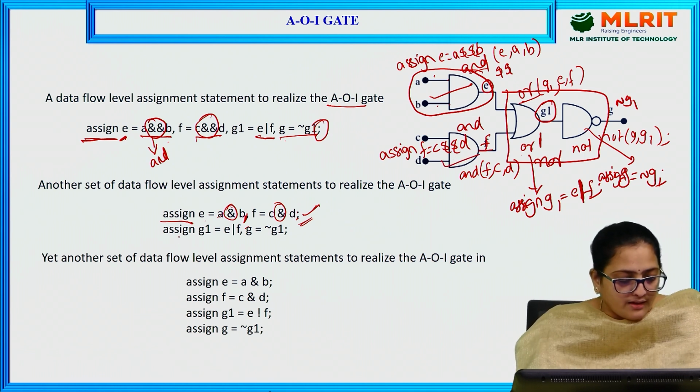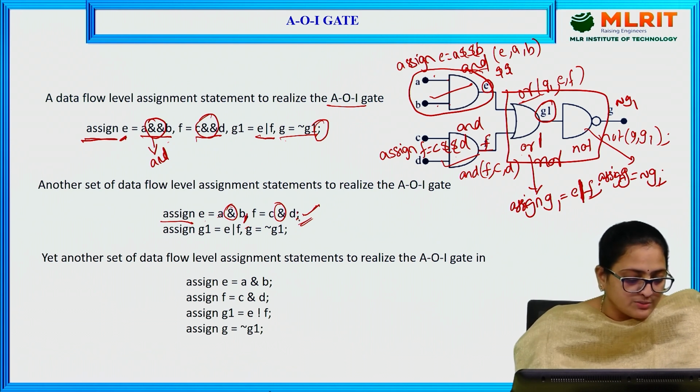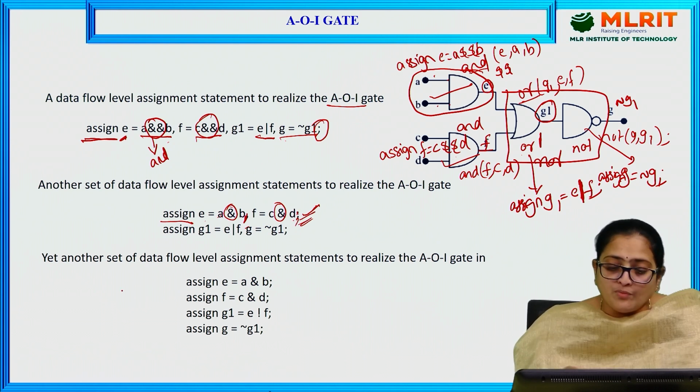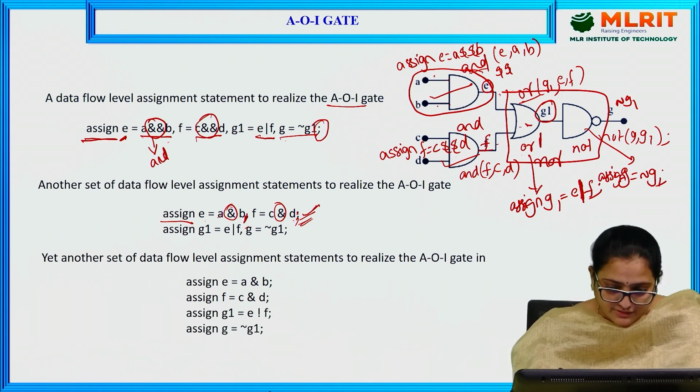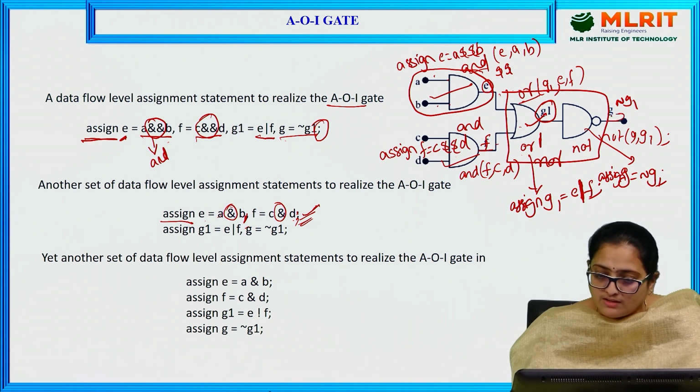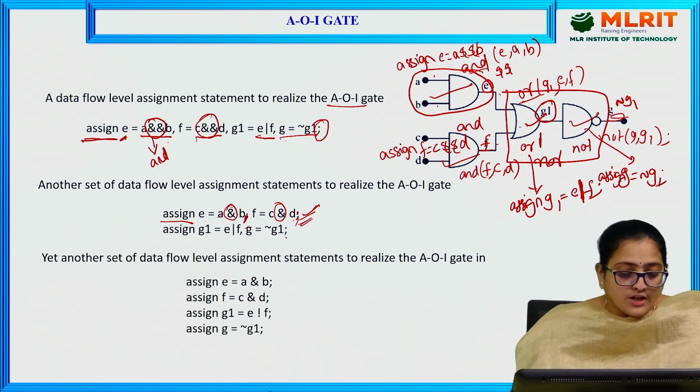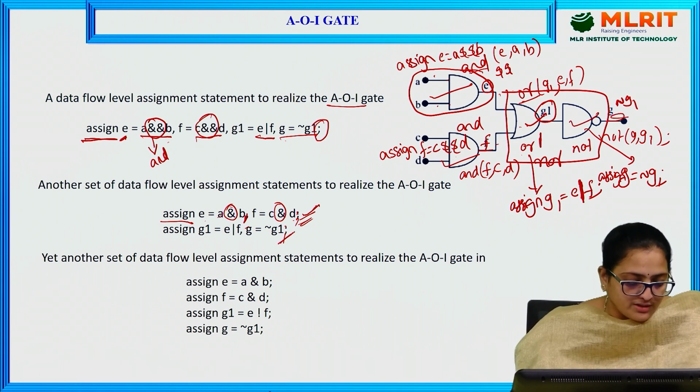And again these two are given in a single statement and the statement has been terminated over here with a semicolon. And again the other 2 gates are OR and NOT. Assign G1 is equals to E or F for this OR gate and G is equals to NOT of G1 for this NOT gate. Now the termination has been done at this point.